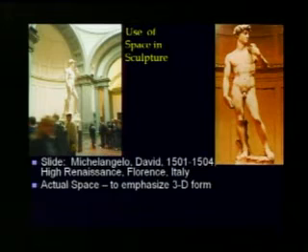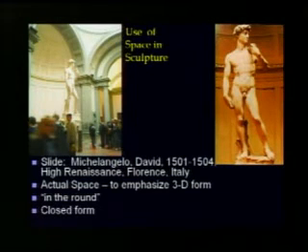And so here, for example, I'm using Michelangelo's example of David in order to talk to you about a couple of different things. This figure is what we would call in the round. And what that means is you could walk all the way around it, see it from all sides, and he did finish it in the back. If we had a view of the back, you would see he's holding a strap that he's going to use as a sling to throw a stone at Goliath.